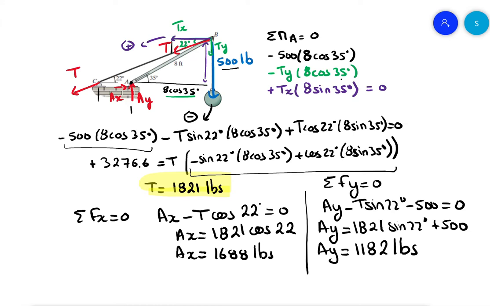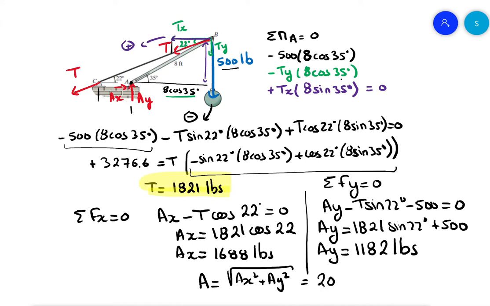And the final question is to find the force in the pin A, that's the square root of AX squared plus AY squared. So that will give us the square root of this one squared plus this one squared.